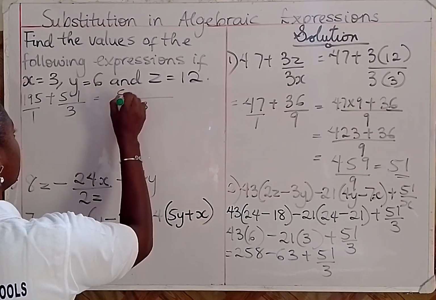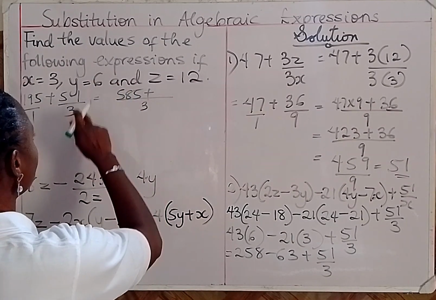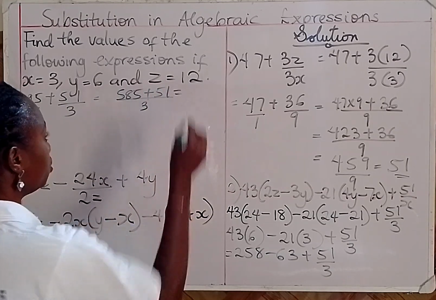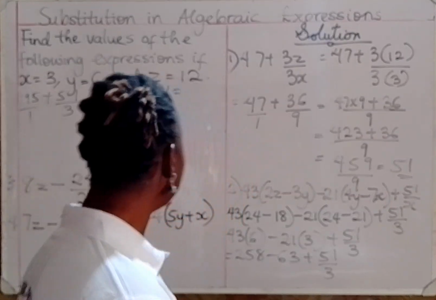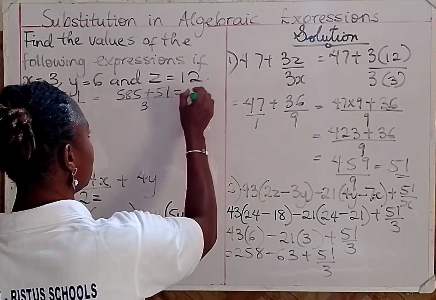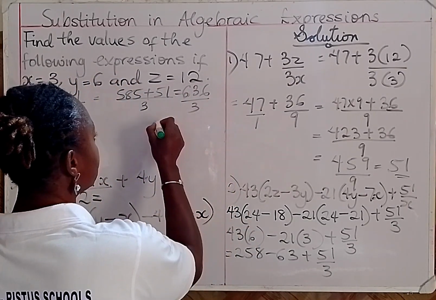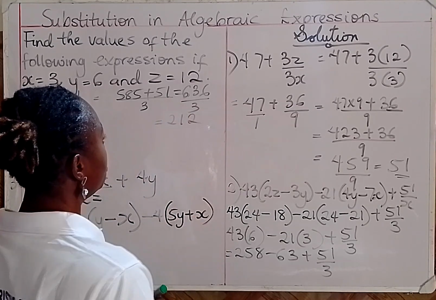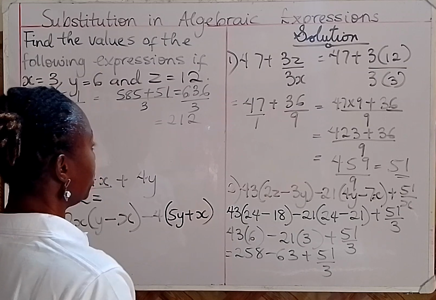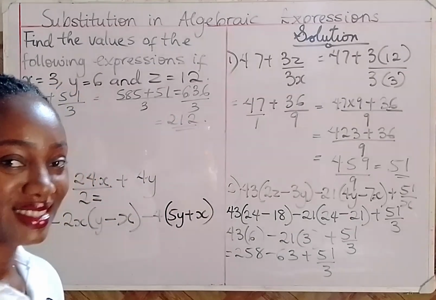So that's 585 plus 3 divided 3 is 1. 1 times 51 is 51. So 585 plus 51 is 636. 636 divided by 3. And the answer here is 212, right? Yes, the answer is 212 here.